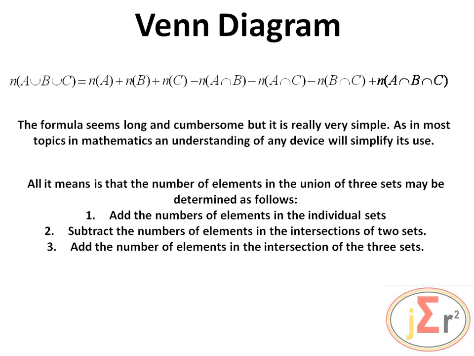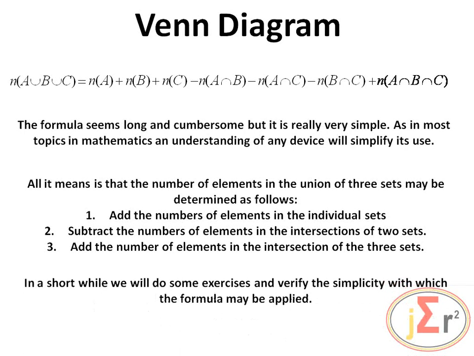Add the number of elements in the individual sets, subtract the number of elements in the intersection of two sets, add the number of elements in the intersection of three sets. In a short while, we will do some exercises and verify the simplicity with which the formula may be applied.